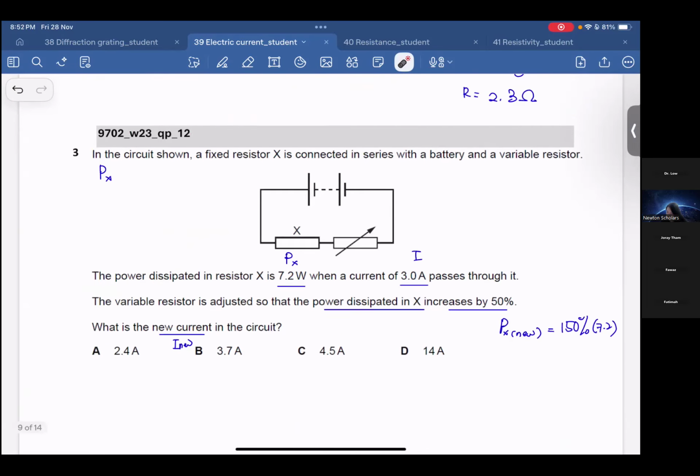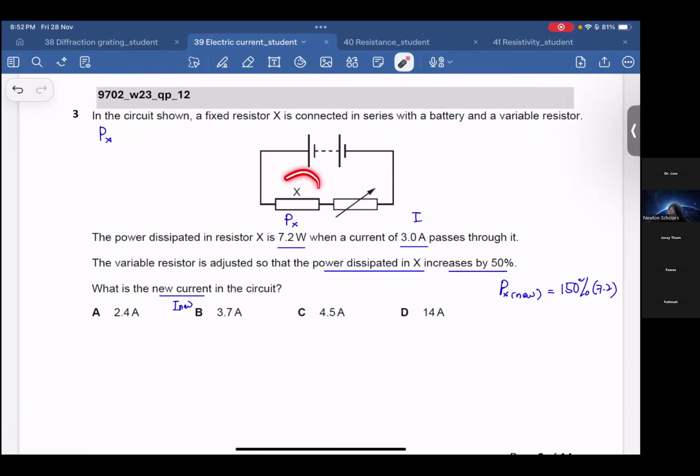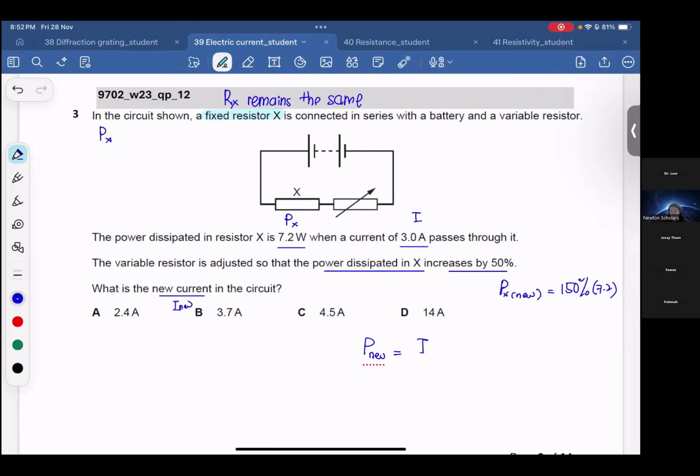In the circuit, X is a fixed resistor, meaning that Rx remains the same. So the new power equals I square Rx, new I.